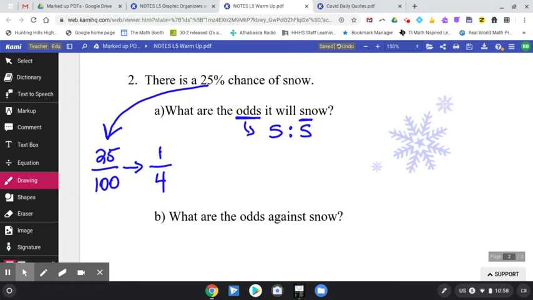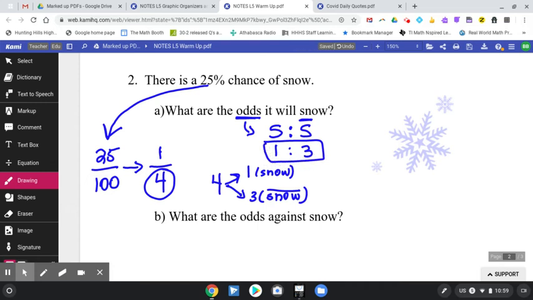Well, that means that 3 out of 4 days it didn't snow. It's like we're taking that 4 and we're breaking it up. One time it does snow. That means 3 times it does not snow. So odds that it will snow would be 1 to 3.